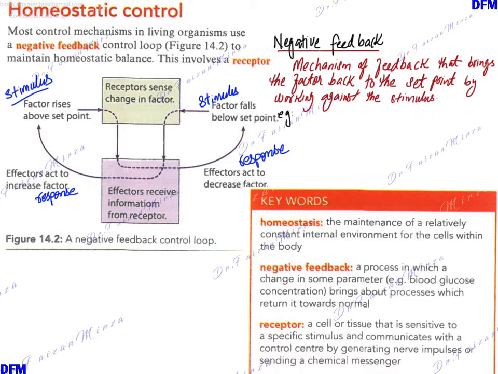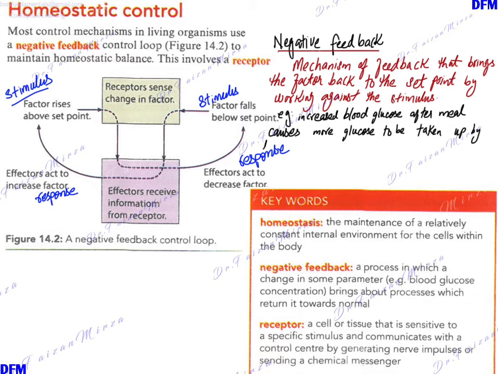Because the stimulus is a change, negative feedback will restore it to the original set value. For example, after a meal blood glucose gets increased, insulin is released, and the release of insulin causes the effectors, which are your liver and muscles, to take up excess glucose, and the blood glucose is lowered back to its initial set point of 80 to 120 milligram per deciliter.